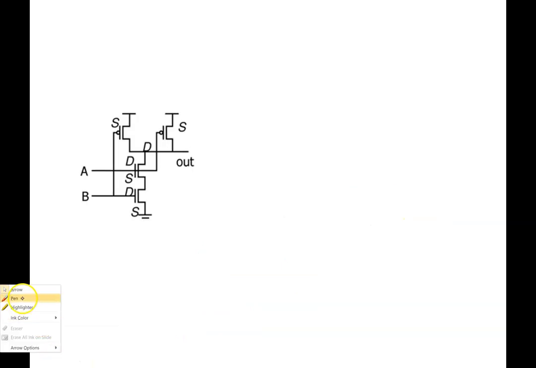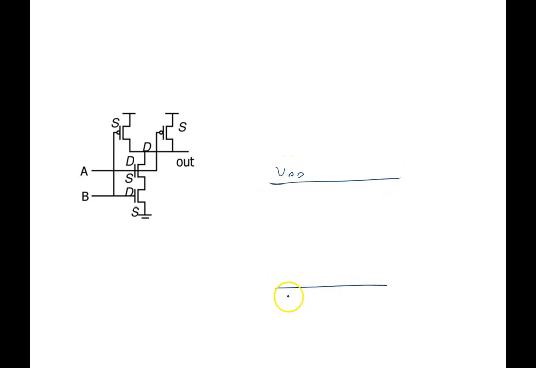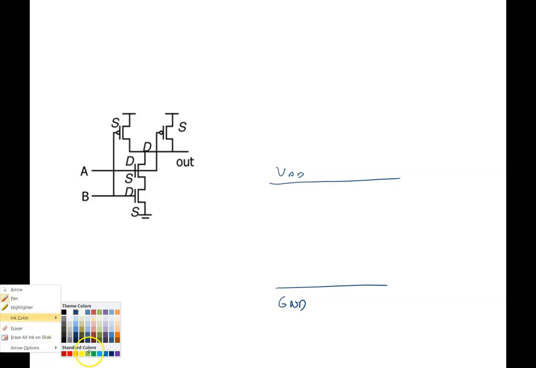Now let's look at this 2-input NAND gate. And again, it's the same procedure. VDD, ground, putting the diffusion.